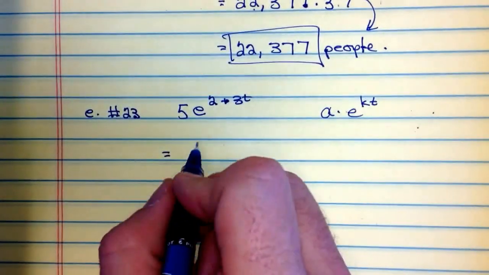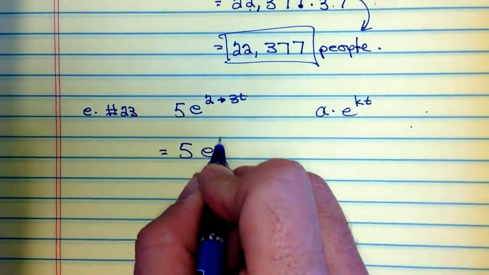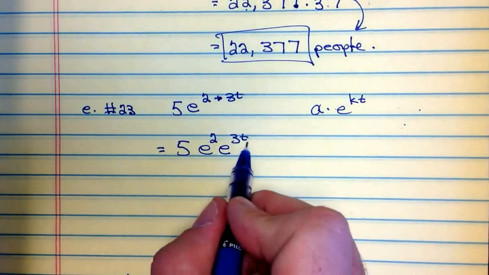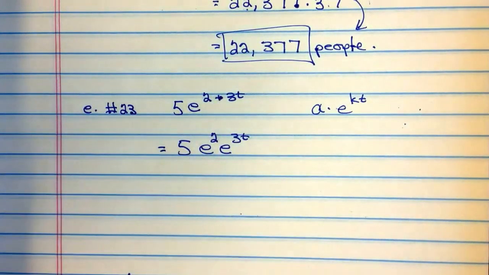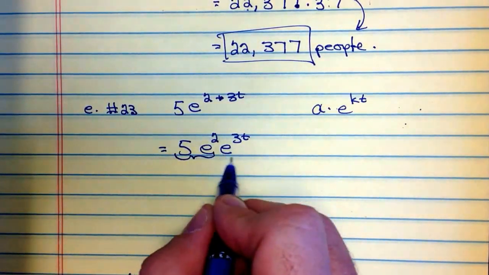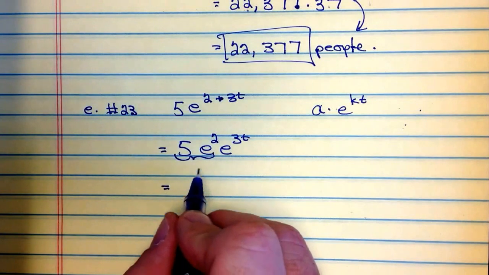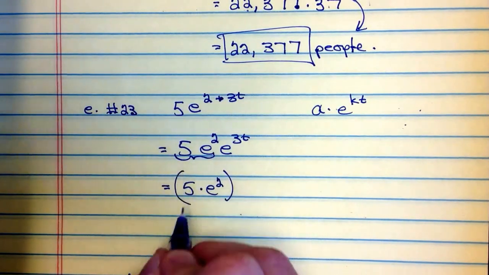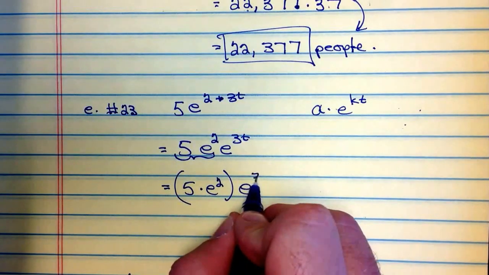So this is going to be 5e squared e to the 3t, right? Because this is a product of powers we would add, so we do it opposite. And then we put the constant terms together and leave the variable term by itself. So this is going to be 5 times e squared. That's going to give us our initial value, e to the 3t.